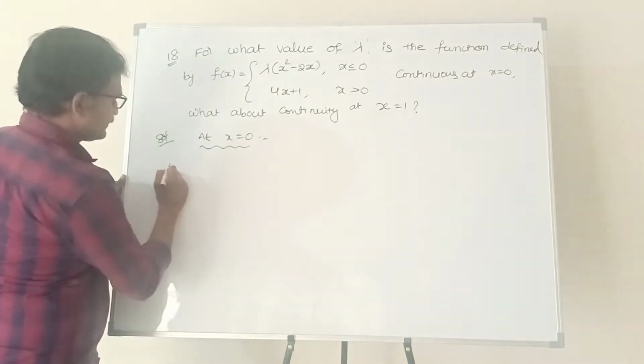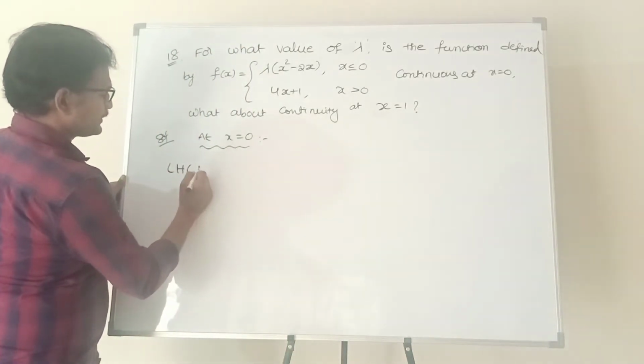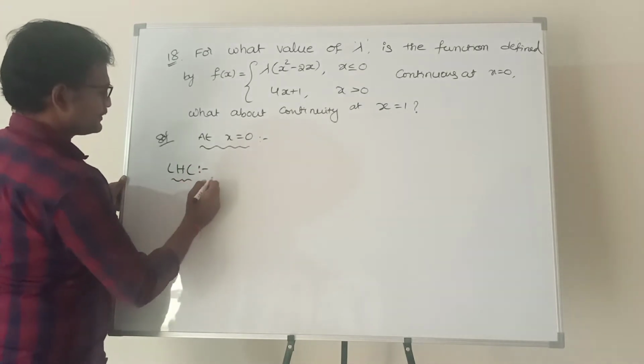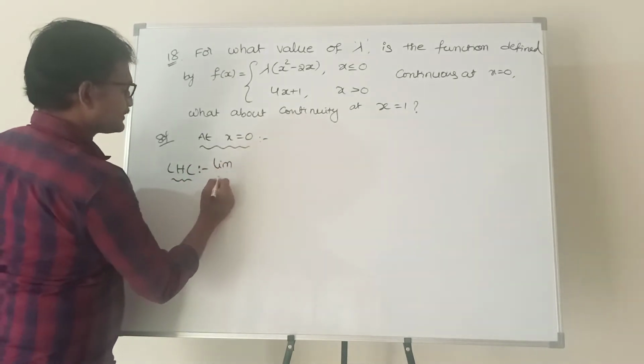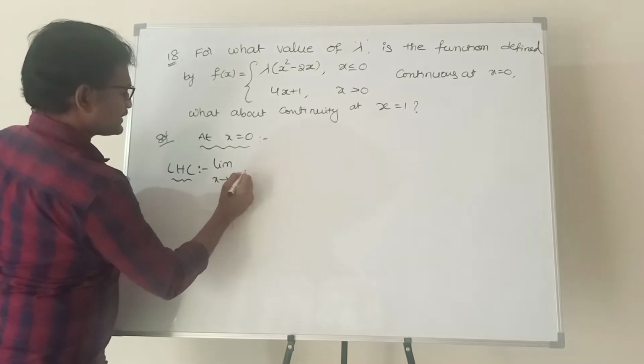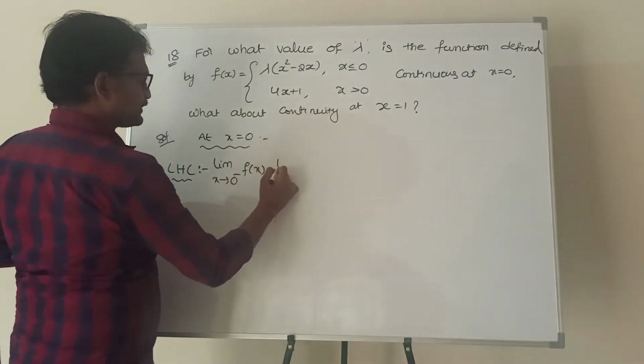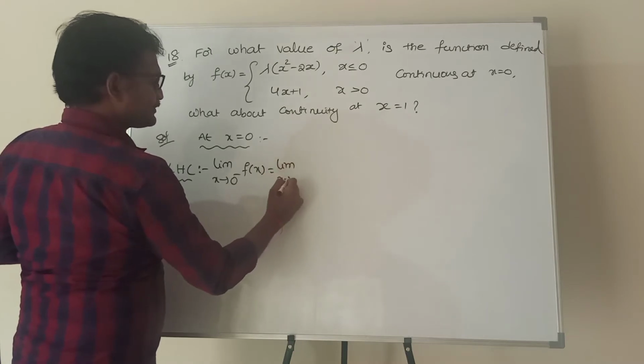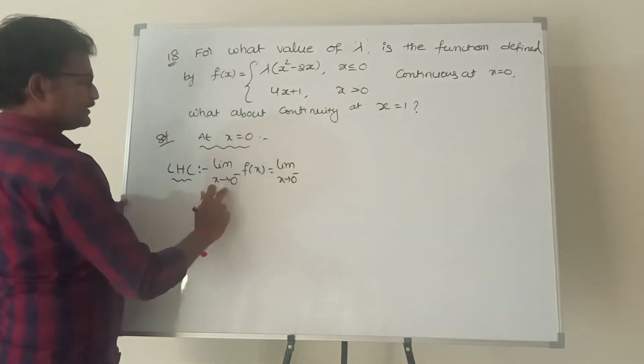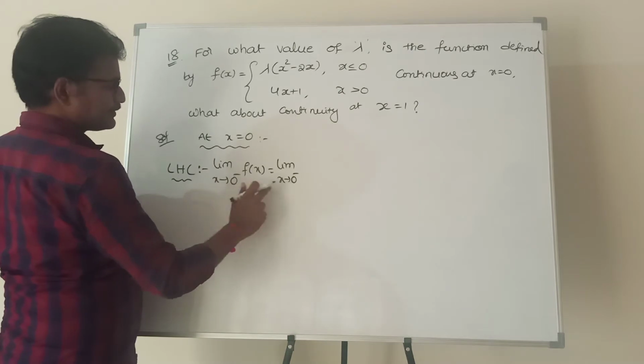So first find the left hand limit at x equal to 0: limit x tends to 0 minus f of x. 0 minus means less than 0.